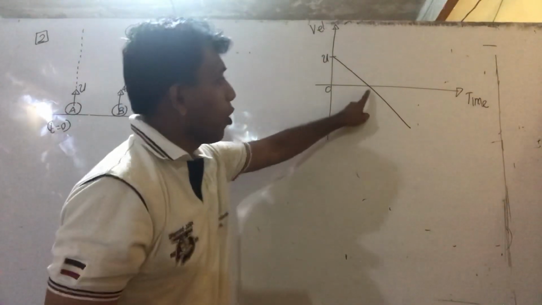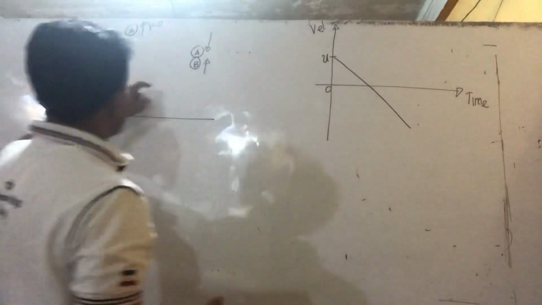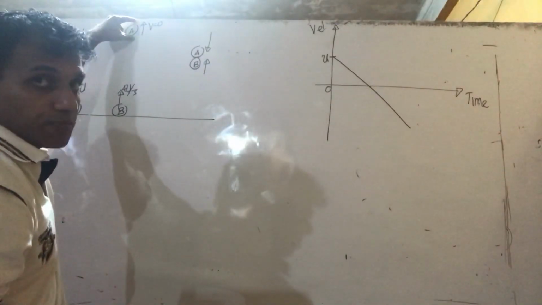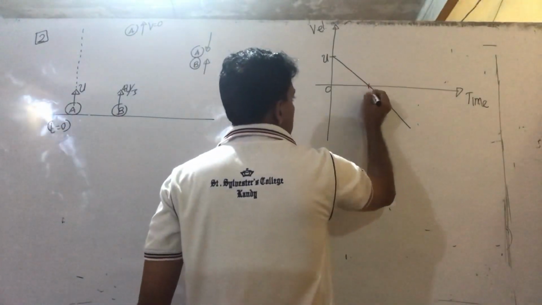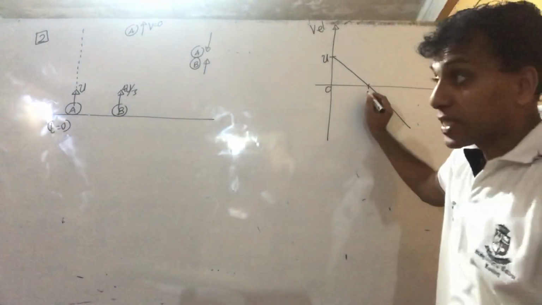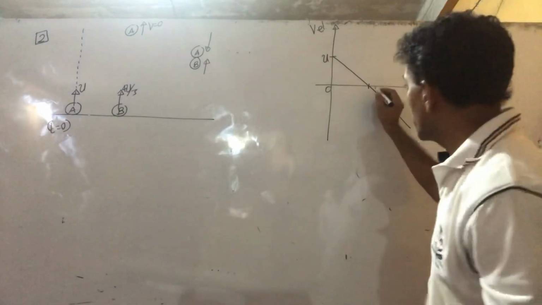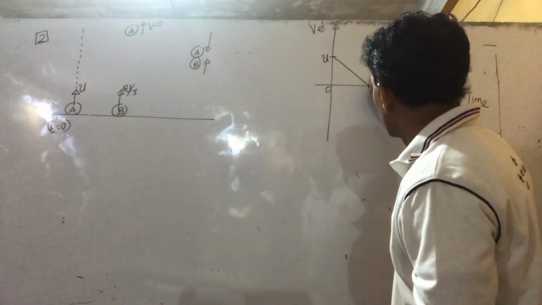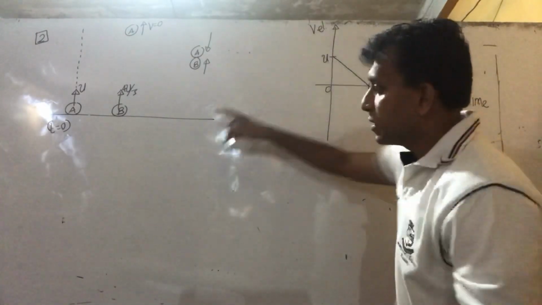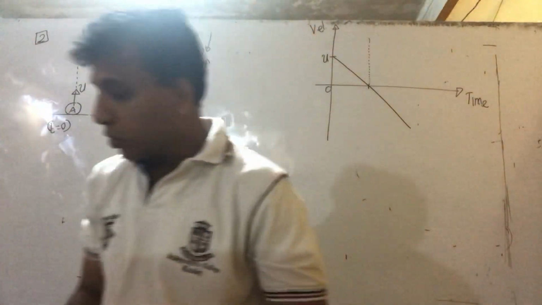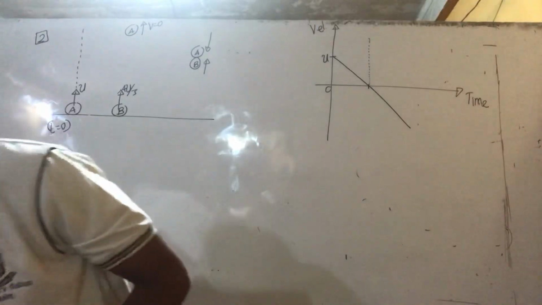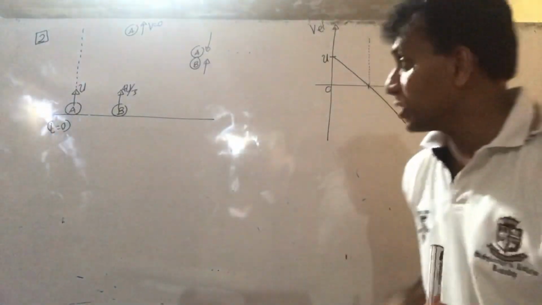is such that this is the point where the first particle reaches its maximum height, right? When it has reached maximum height, the second particle is projected. The second particle has velocity 4u over 3, which is higher than the previous one, and that also follows the same motion under gravity.